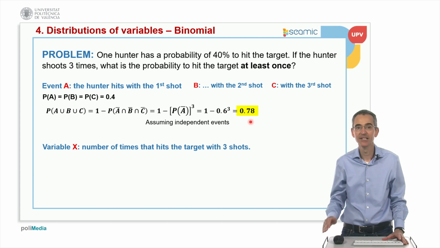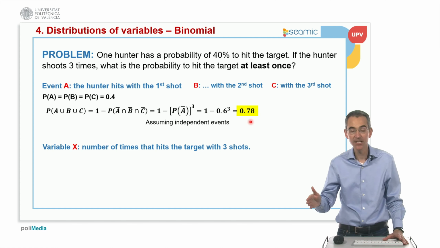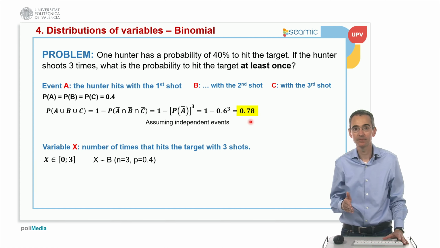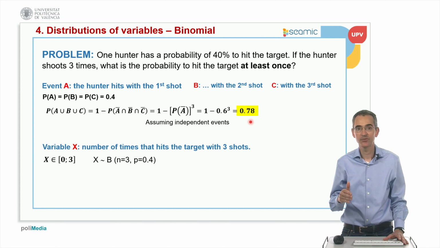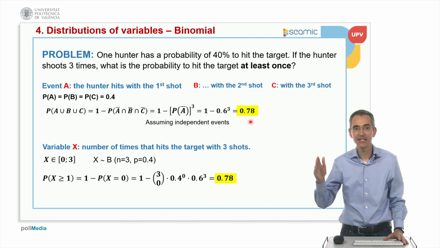But this exercise is interesting because it can also be solved according to discrete variables. We can define a discrete variable like the number of times that the hunter hits the target with 3 shots. The minimum would be 0, the maximum would be 3, so it is a binomial distribution with n equal 3, and p would be the probability to hit the target, the probability of success, which is 40%. In this case, the question is to compute the probability that this random variable is higher or equal to 1.